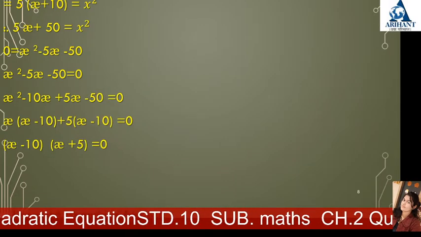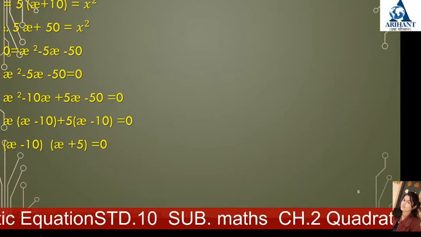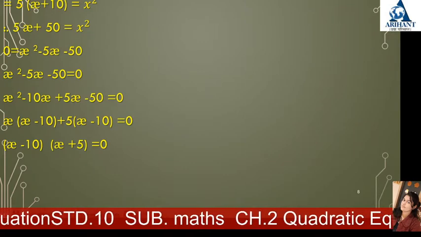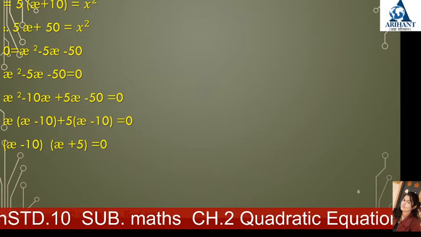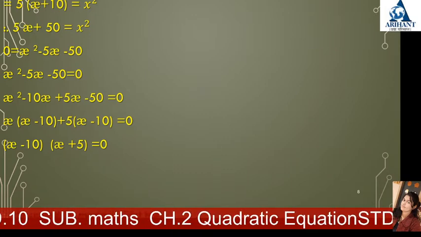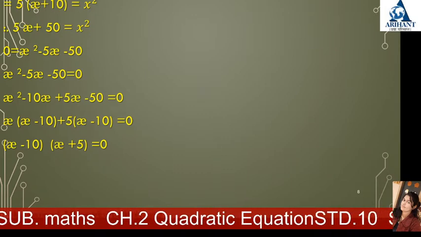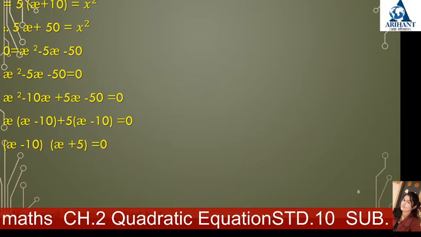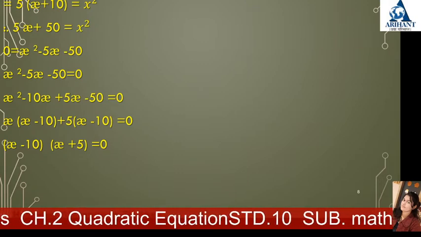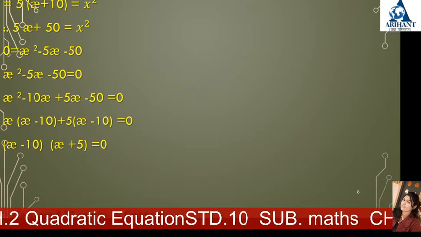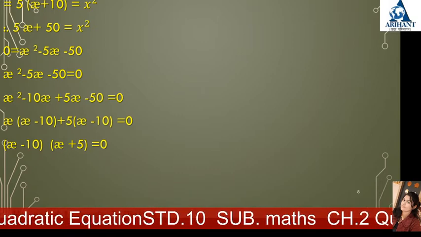Then the next step: let's common out x from the first part. If we common out x, the bracket remaining is x minus 10, right? In the second term we can common out 5.